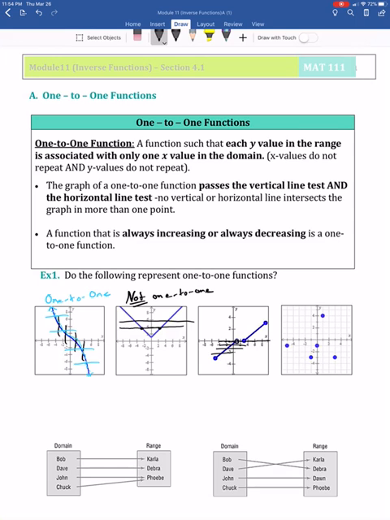Now, one of them is an open circle, so keep that in mind. An open circle is not part of the graph. So again, it doesn't cross at more than 1 point. There's only one x-intercept point, right here. But it's definitely a one-to-one function. And as you look at this graph, it's always increasing as you move from left to right along it.